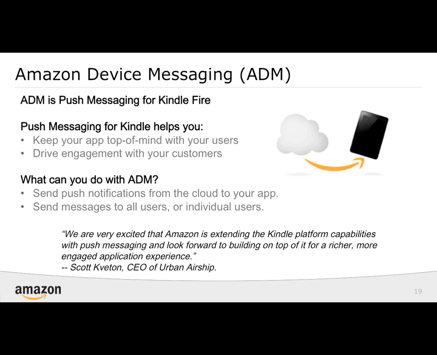Our server takes the JSON package and sends it out to the devices. And the device will wake up your app and pass it the JSON file, and then your app can do with it what it likes. So again, very similar to the way that Google Messaging is working.